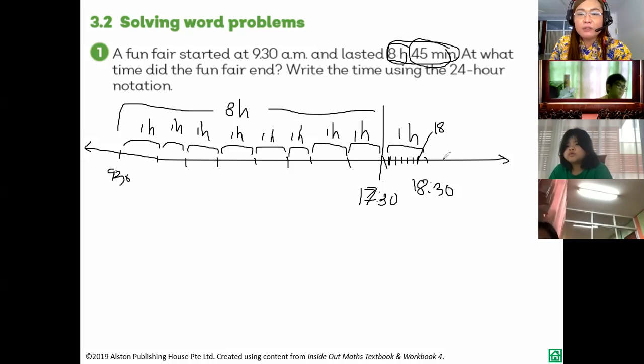So let's just count. 30, 35, 40, 45, 50, 55, 60. So this one is 18. 5, 10, 15, 20, 25, 30, 35, 40, 45.